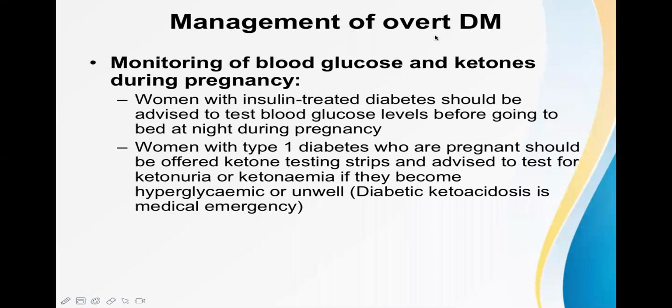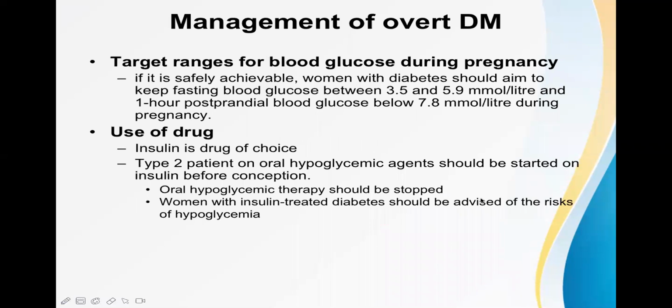Let's move on. Now, some other steps of the management of overt diabetes are to set the target ranges for blood glucose during pregnancy. And those target ranges are, see there, fasting blood sugar between 3.5 and 5.9 millimole per liter, and 1 hour postprandial blood glucose should be below 7.8 millimole per liter during the pregnancy.